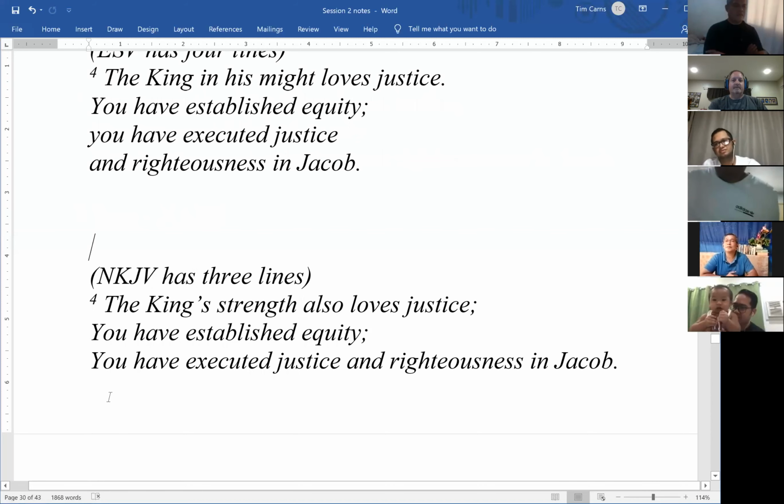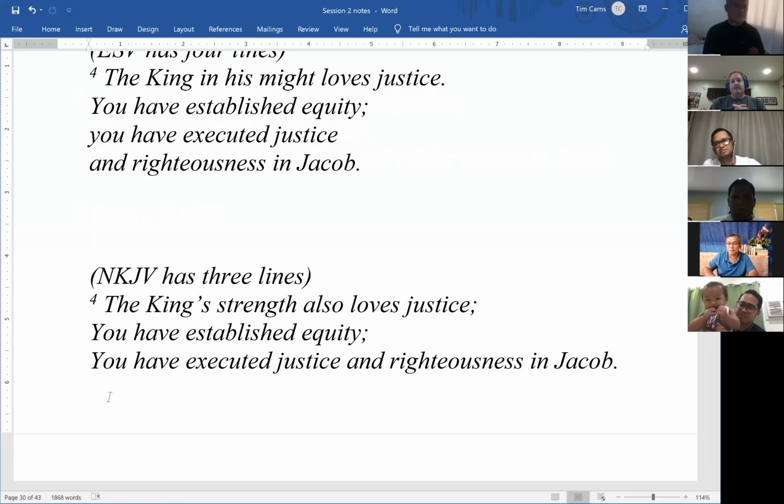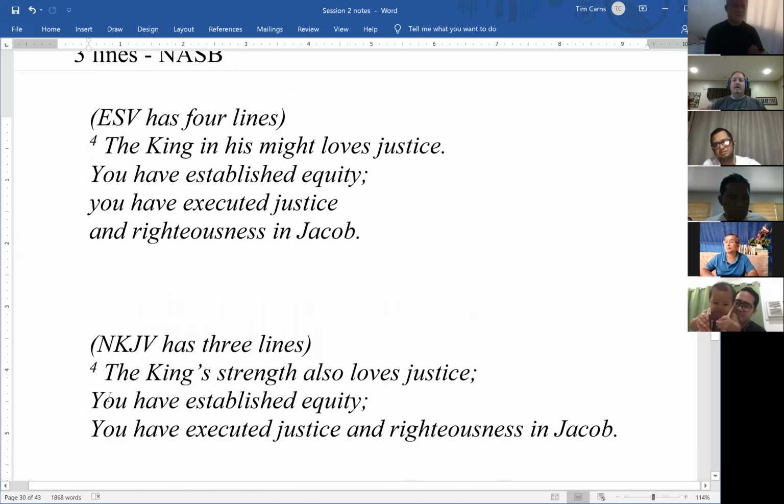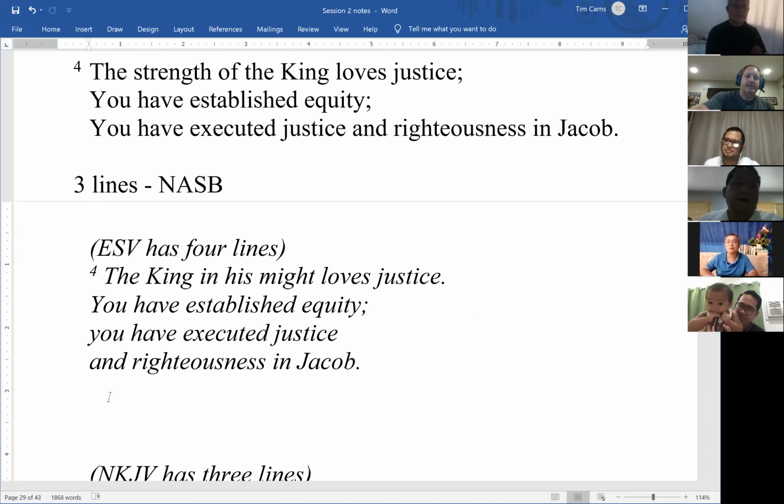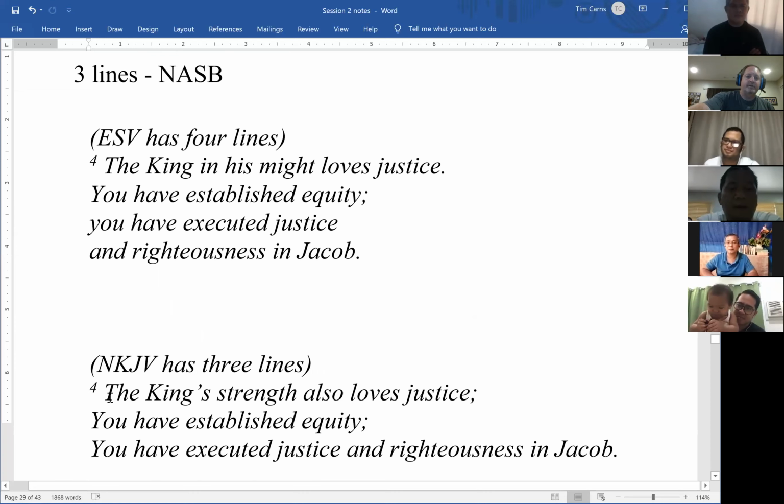If you don't have access to Hebrew, don't worry about it. The translations usually are going to be fine. Once in a while, like in this poem, we had one verse that was a little different. But if we consult the New King James, the ESV, and the New American Standard, I would just go with which two agree. Does that make sense? So we go with the New American Standard because it agrees with the New King James. It has three lines.